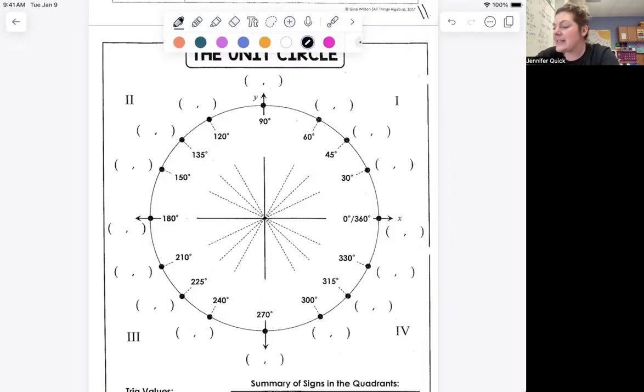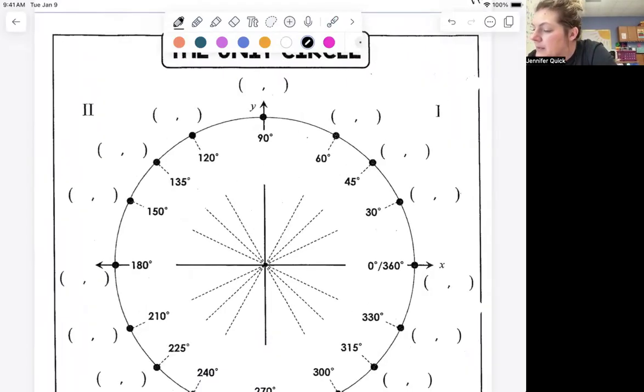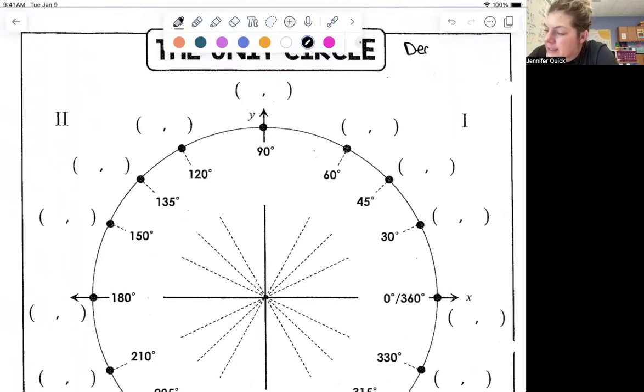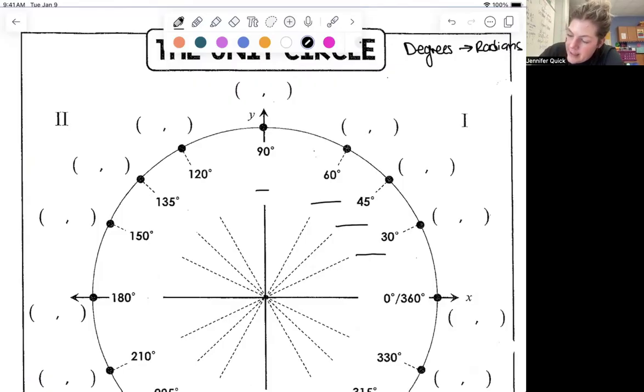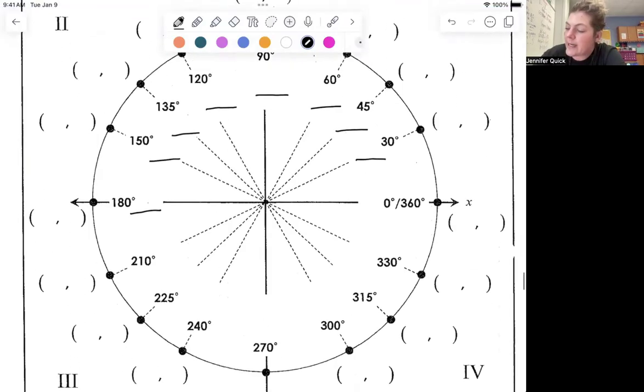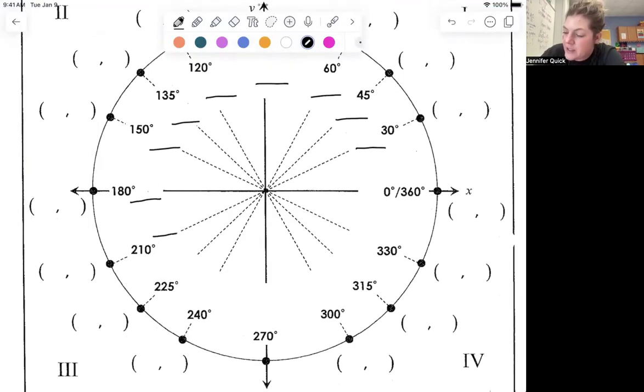Meaning taking our degrees and converting them to radians. Those are going to go right here in these little blanks. So if you're going to add any other value, your radian value of that specific degree would go right here.